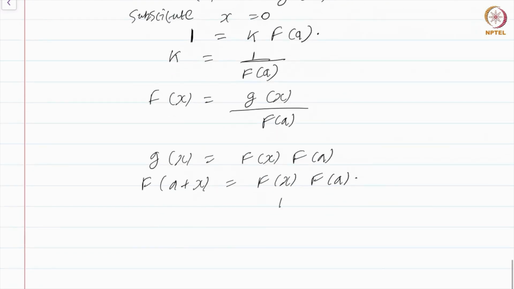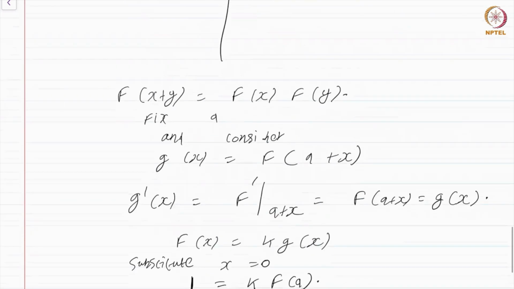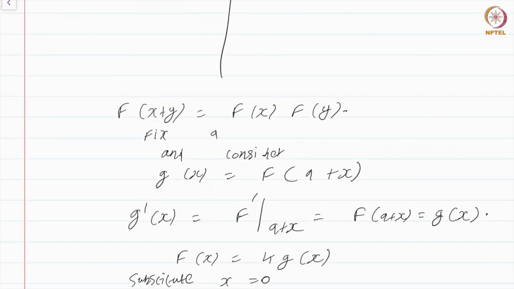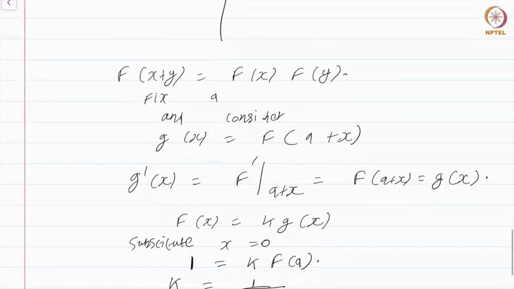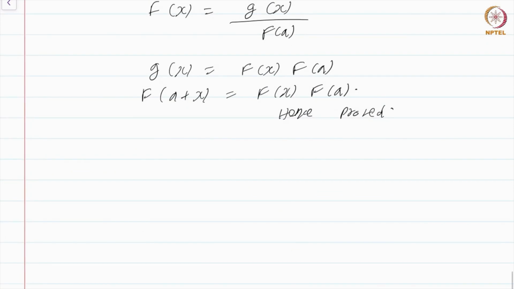Hence proved. So we ultimately wanted to show that f of x plus y equals f of x times f of y. We have just fixed y to be a and proceeded with this argument. So ultimately we have got the product property of exponential functions.